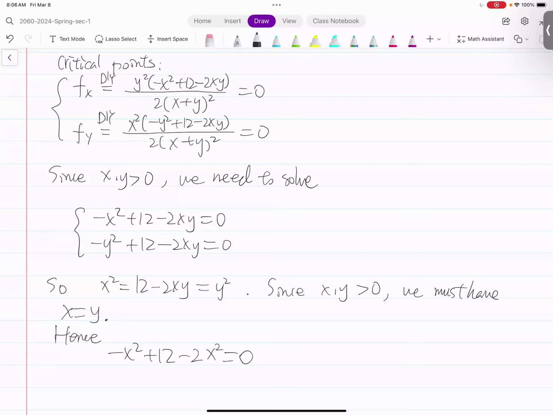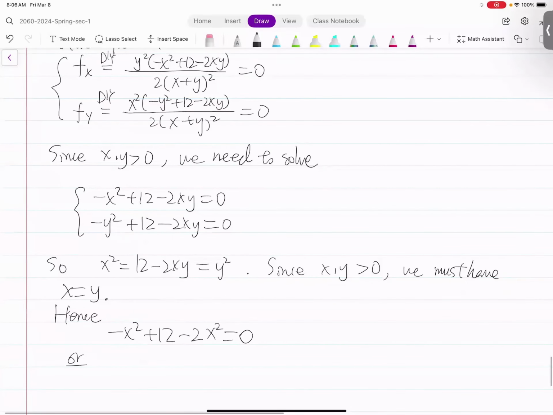And so now we have a single equation with the only variable x there. Or equivalently, this just tells you 3x squared must be 12, right? So basically, if you move everything about x to the right hand side, 12 equals 3x squared, i.e., x squared must be 4.